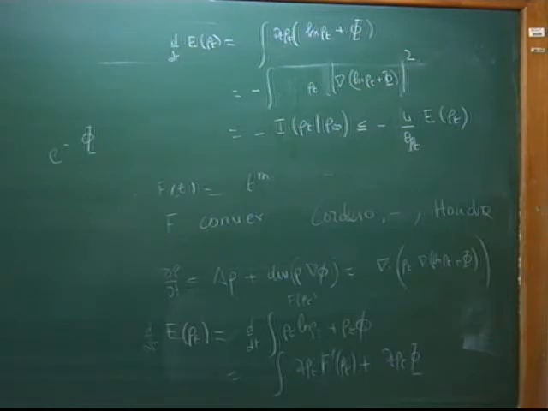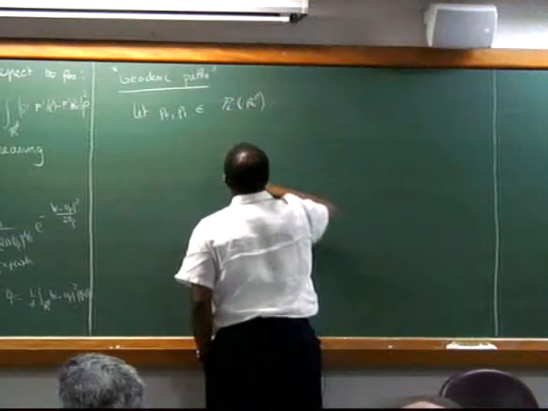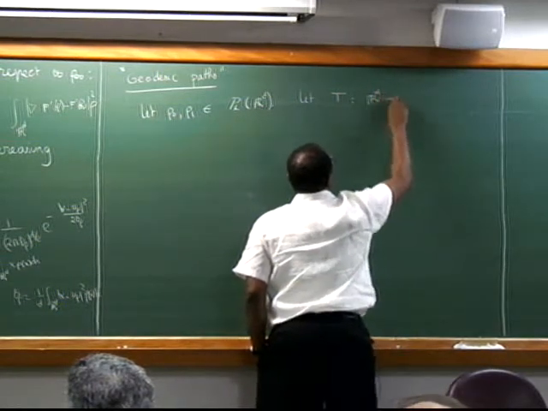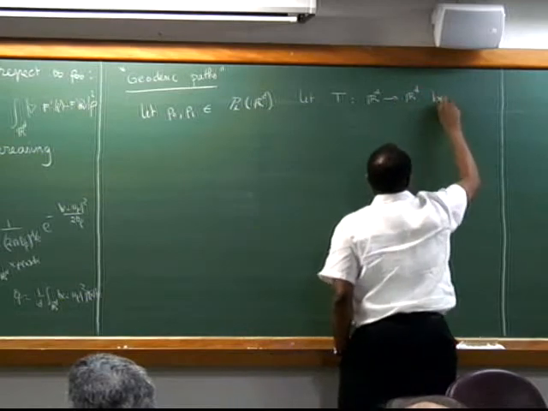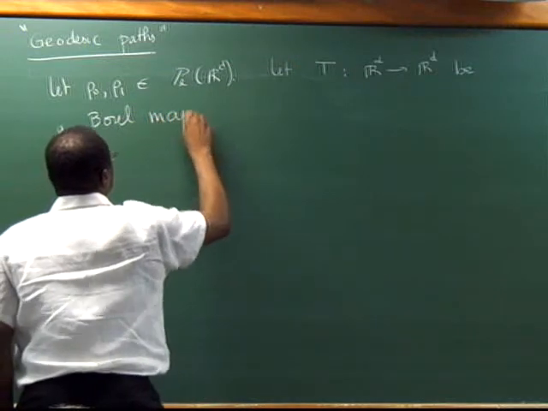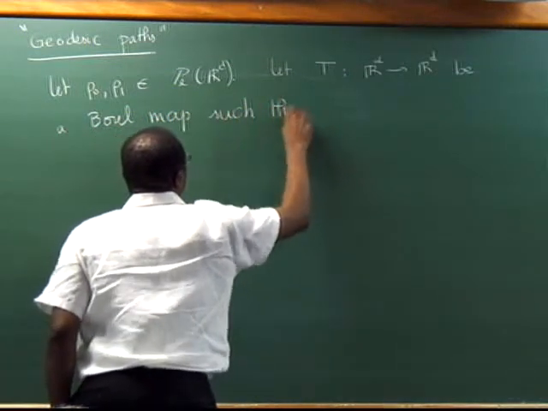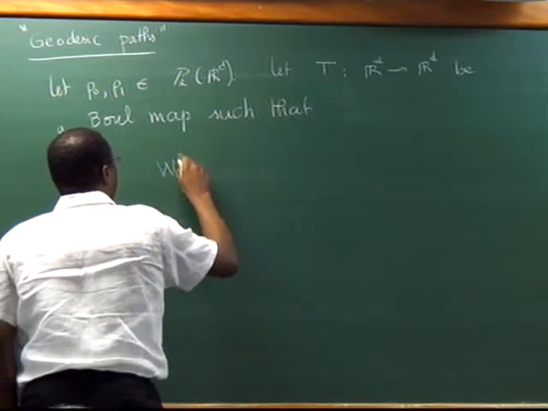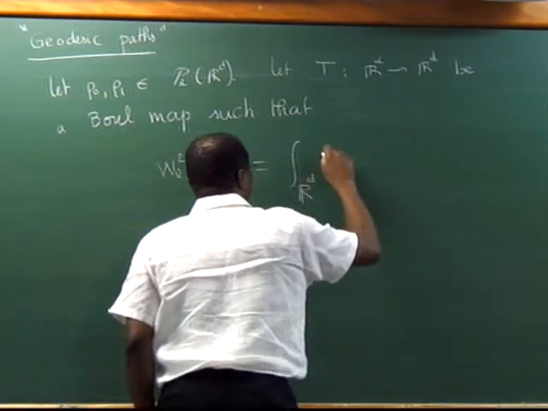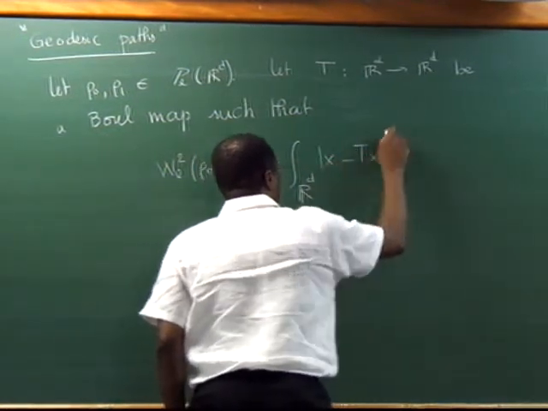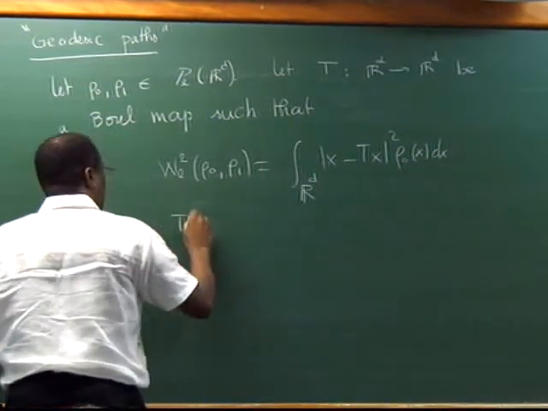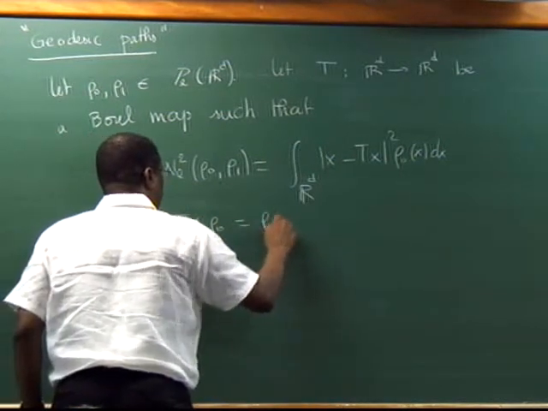Okay. So what we learn is, when I am giving these two rho, there exists a map T from R^d to R^d, Borel, such that the Wasserstein distance square between rho naught and rho 1 is the integral over R^d of |x minus T(x)|^2 rho naught of x dx, and T pushes rho naught forward to rho 1.